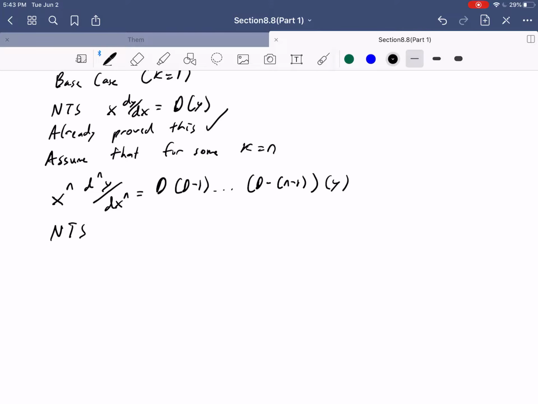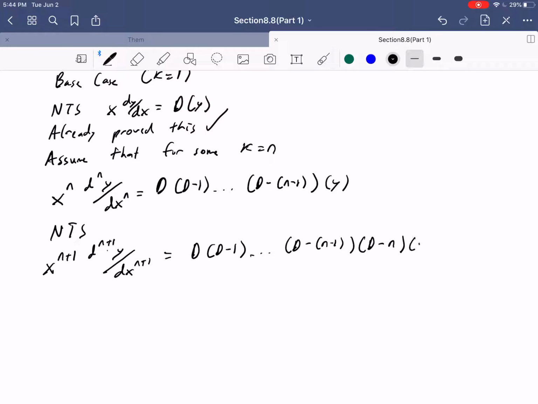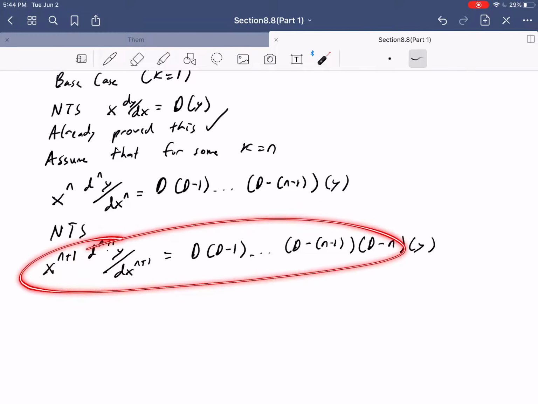In other words, that x to the n plus 1 times the n plus first derivative of y with respect to x is going to be (d minus 1), dot dot dot, (d minus n plus 1), and then (d minus n) of y. Okay, that's what we need to show.